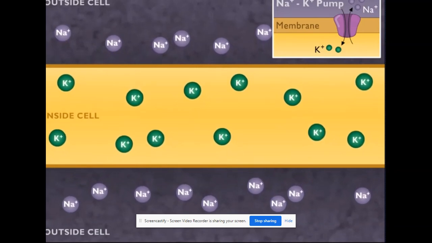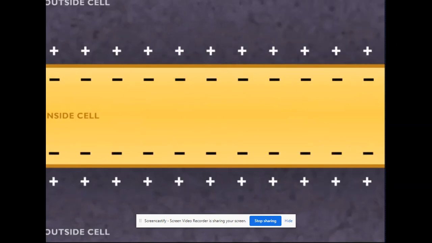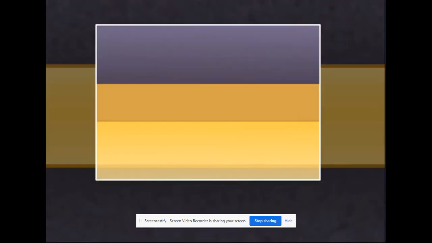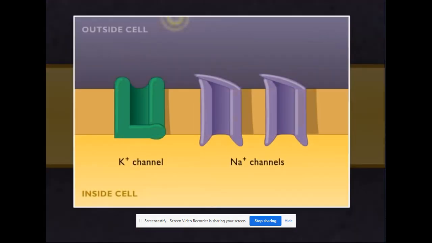The overall result is that the exterior of the cell has a net positive charge and the interior has a net negative charge. The difference in charge between the interior and exterior of the cell is called the resting membrane potential. A nerve impulse begins when a stimulus disturbs the plasma membrane on a dendrite, causing sodium channels to open. Sodium ions flow into the cell, lessening the charge difference at that location.